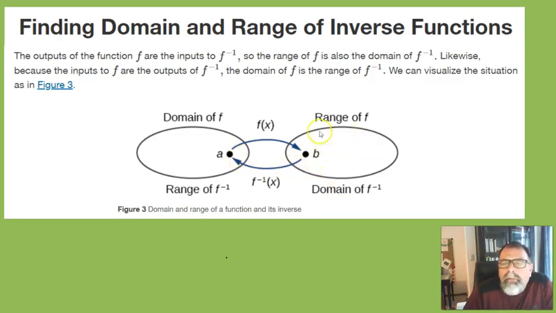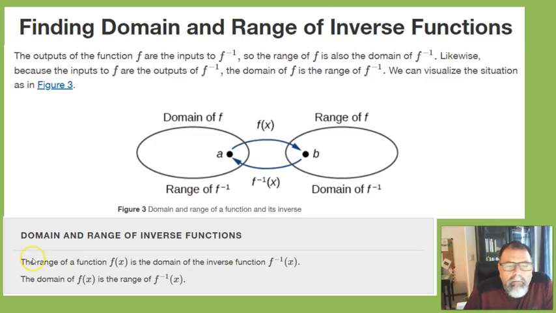So this set of numbers would be the domain of f inverse, and this set would be the range of f inverse. You're just switching them all. Basically we make that rule: the range of f of x is the domain of the inverse function f inverse of x, and the domain of f of x is the range of f inverse of x.